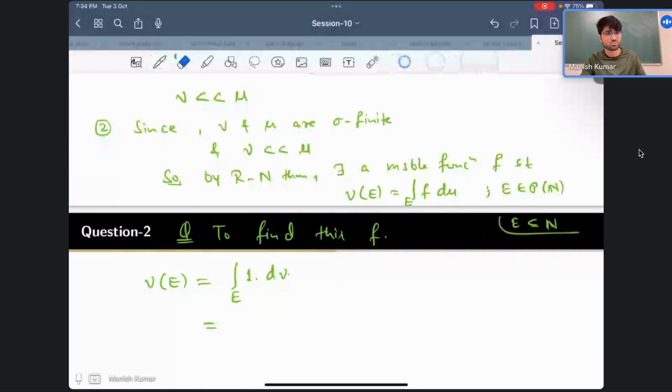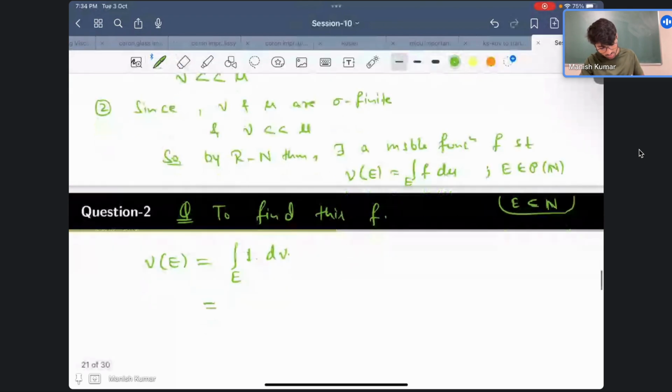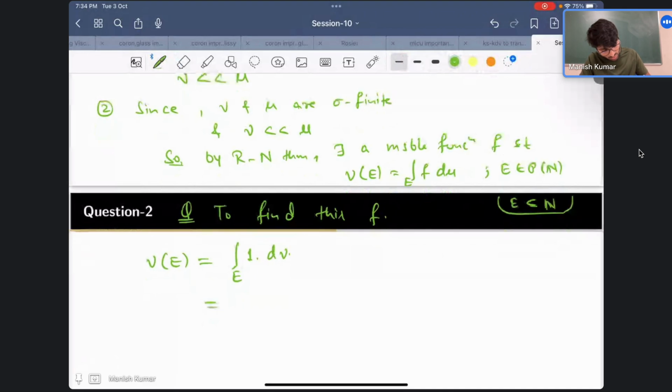I am writing this just for the notation purpose. So E is a subset of ℕ. This means E is countable.